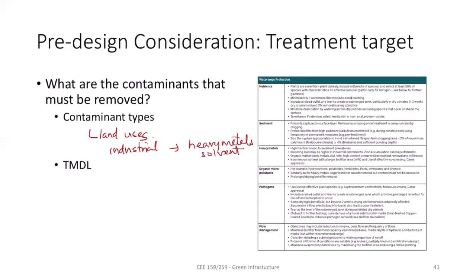But if you have, let's say, a domestic or residential area, then you can think there will be pathogens and nutrients will more likely be the factors. Then you have to think of TMDL. That's based on the intended use of the water bodies that receive that stormwater. And there are many other types of pollutants as explained here. So you've got to account for those factors.